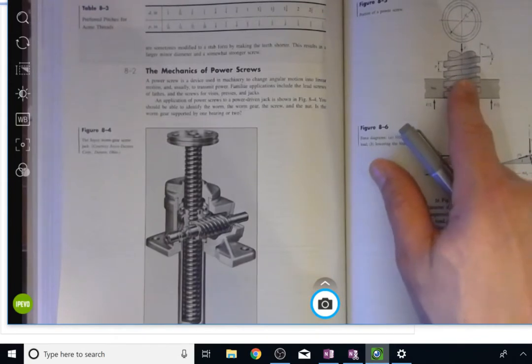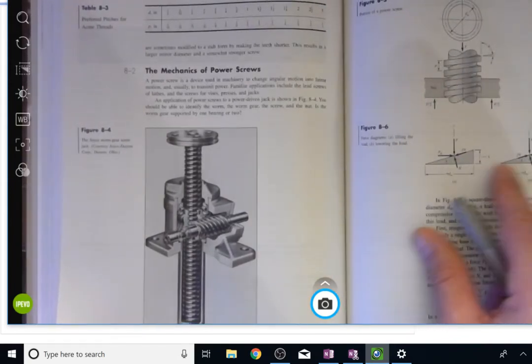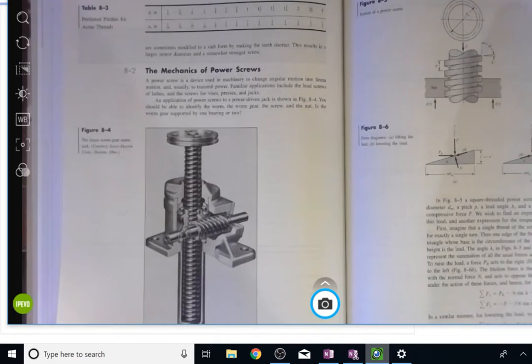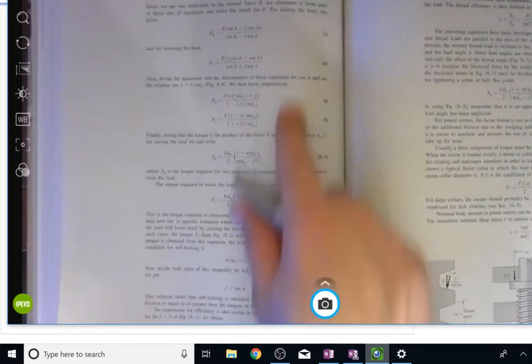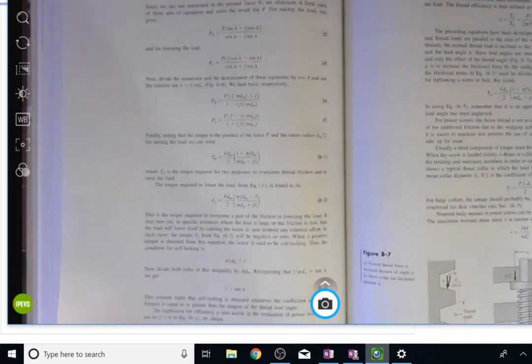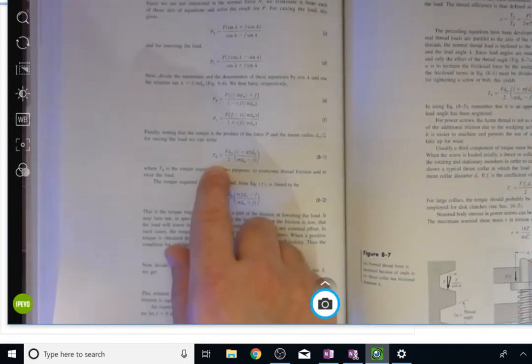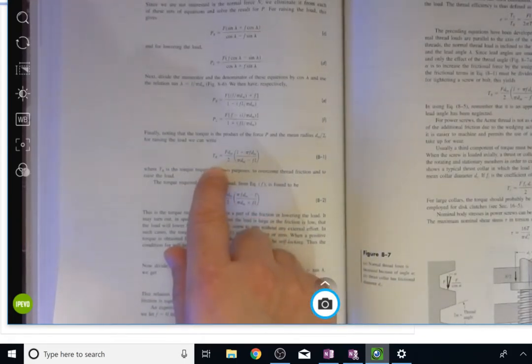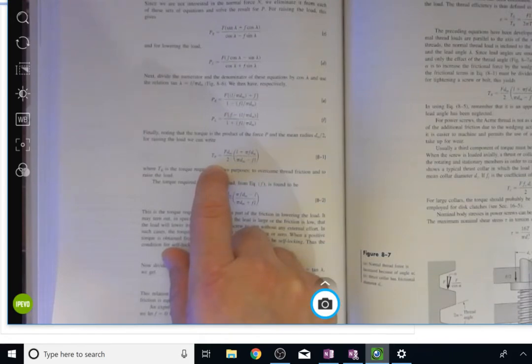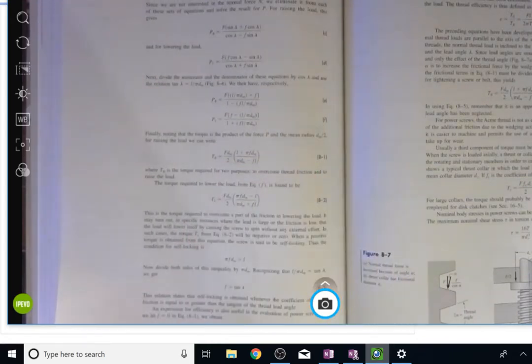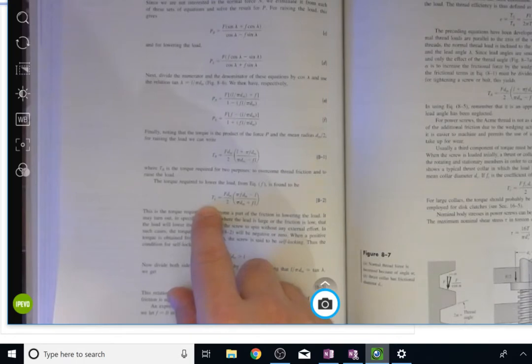Same thing over here. The book goes into this detailed derivation of a free body diagram, and then all these formulas, which are mostly incomplete and confusing. Unfortunately, equation 8.1 is incorrect, because the actual torque to raise includes another factor. Same thing for torque to lower, 8.2.